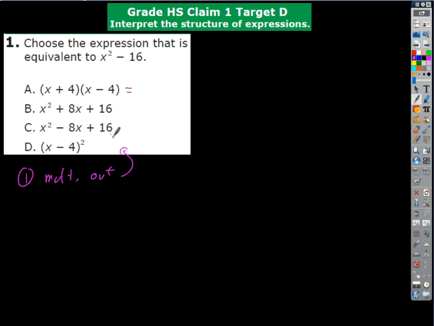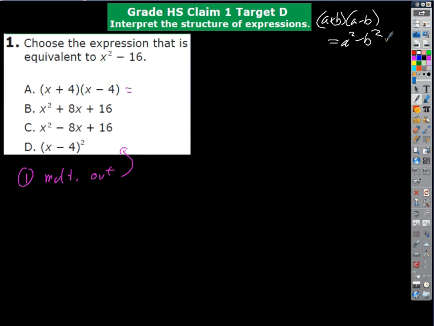If I have a plus b times a minus b, what pattern is that? That's the pattern we just did yesterday, and you may not remember this. But isn't that just a squared minus b squared? So that works out to be x squared minus 16.